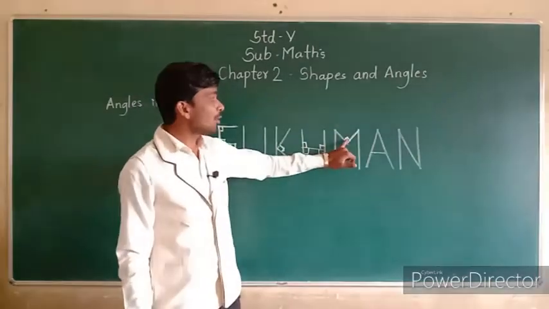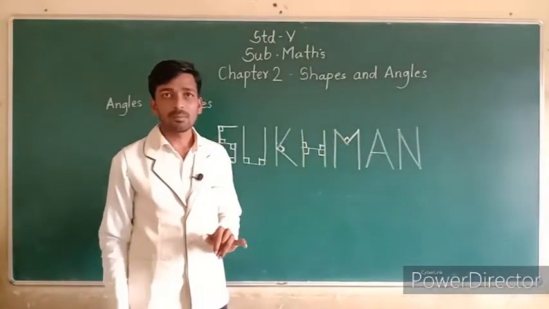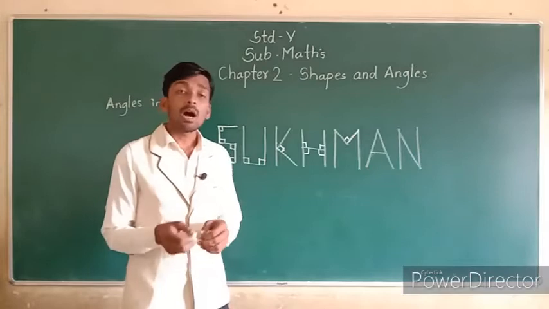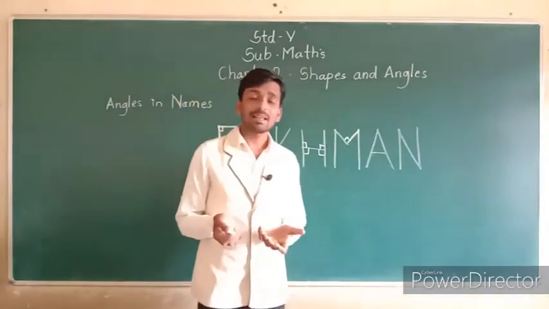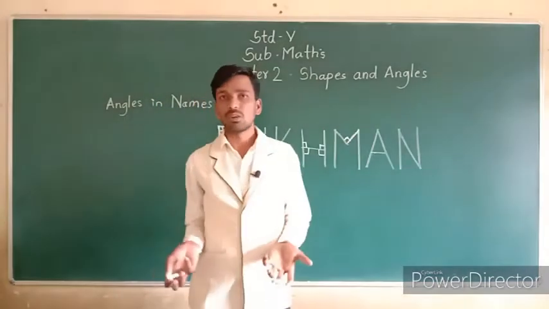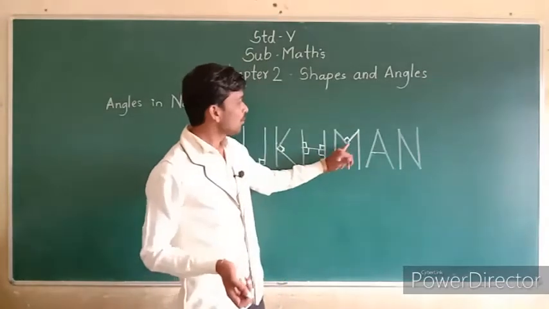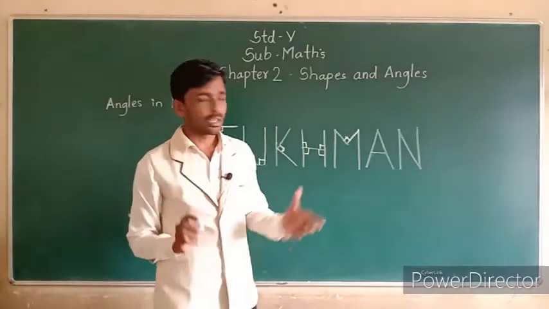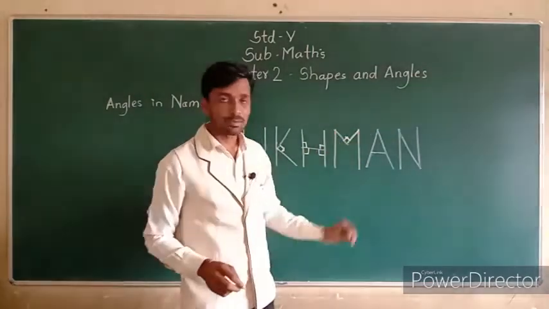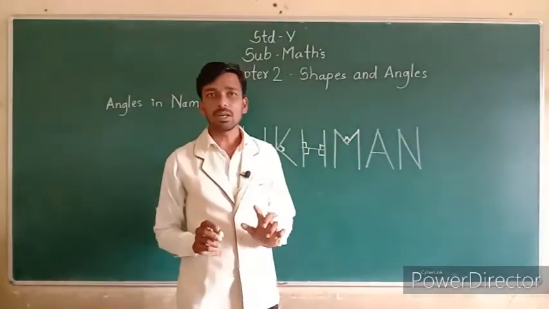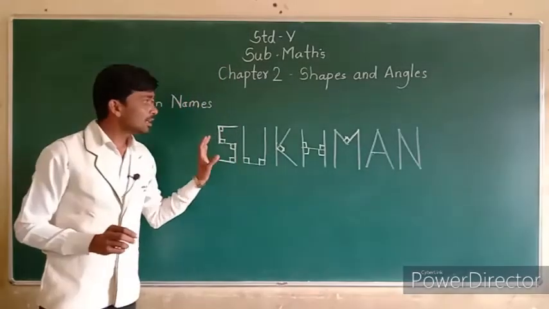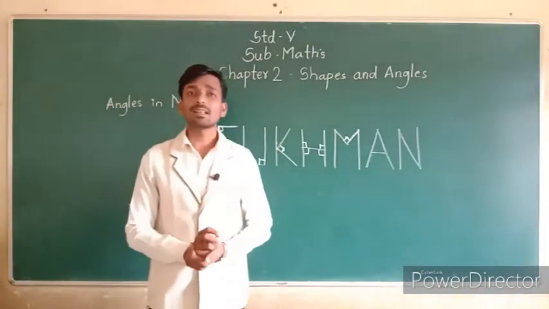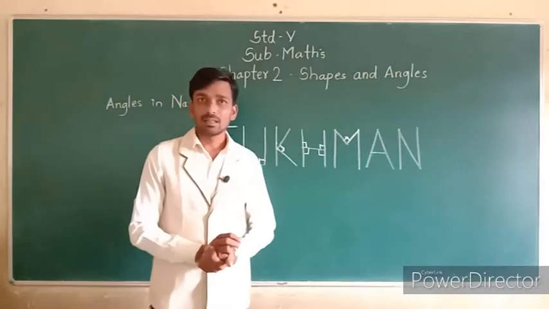They did not count this M. Okay, I will tell you how you draw that M. Okay, like that, is that a right angle or not? Here that is looking like an L shape, so I will count that. In this name, how many right angles are there? 12 right angles are there.